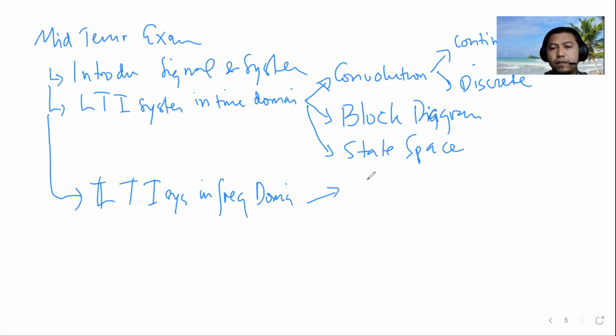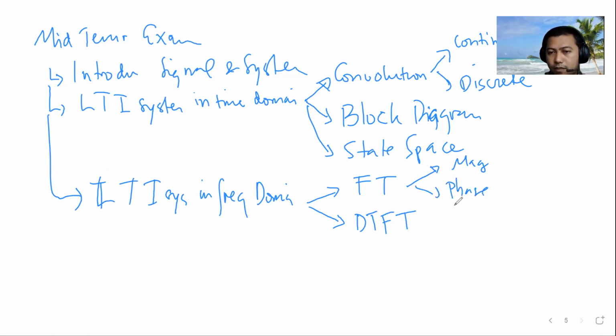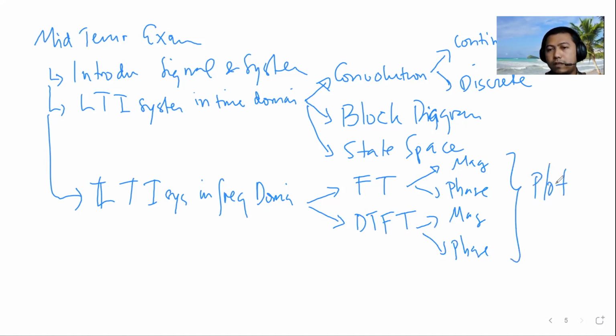So it covers Fourier transform and discrete time Fourier transform, particularly, and how to express the magnitude and phase, and each of them, how to plot each function here. Is there any question for the midterm examination?